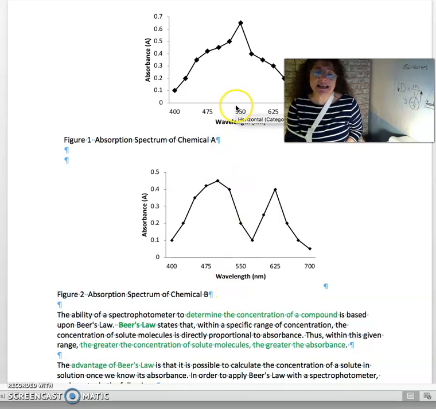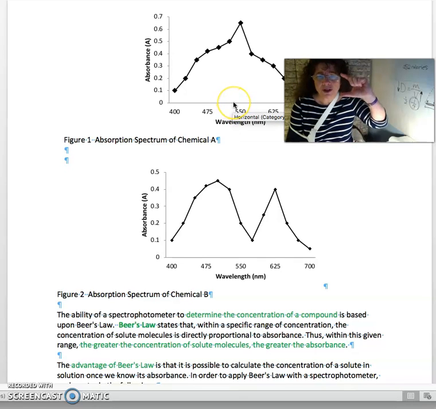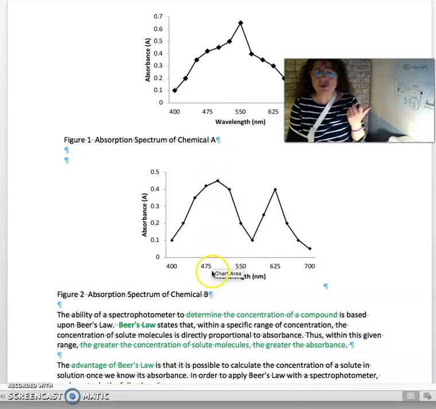You could send a second sample of compound A into the cuvette and into the spectroscopy device, and maybe this sample would tone down that slit to only look at maybe 525 to 560. A narrower range.